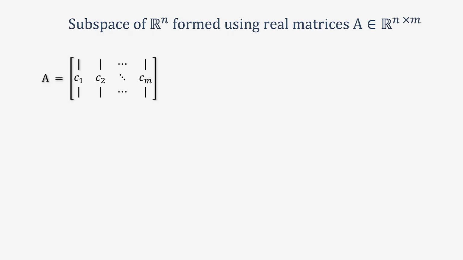So, now you see, suppose a matrix is given to you and the matrix is an n cross m matrix. So, A belongs to R n cross m, that means A has n number of rows and m number of columns. Using that matrix you can actually go ahead and create subspaces.